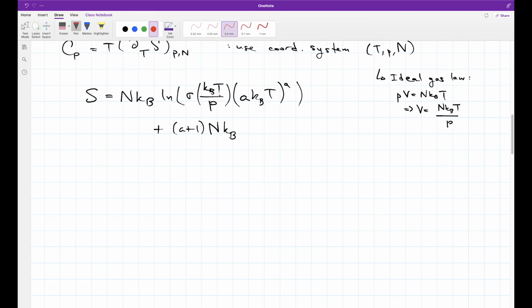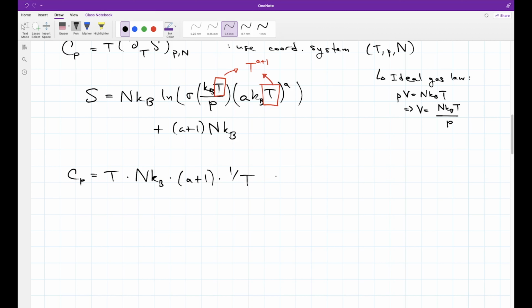Excellent. Now, when we take the T derivative here, we need to note that there's one more power of T here. So we have altogether, if we multiply all of these, T to the A plus 1 inside of the log. So when we take our T derivative, we'll get N kB times A plus 1 times 1 over T, the derivative of the log of T. Good.